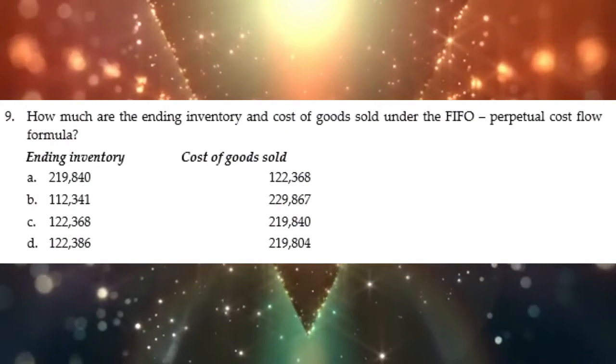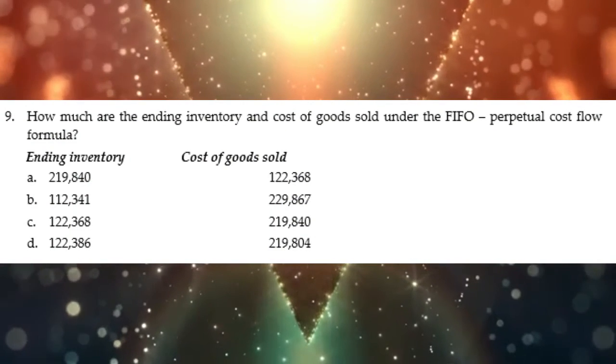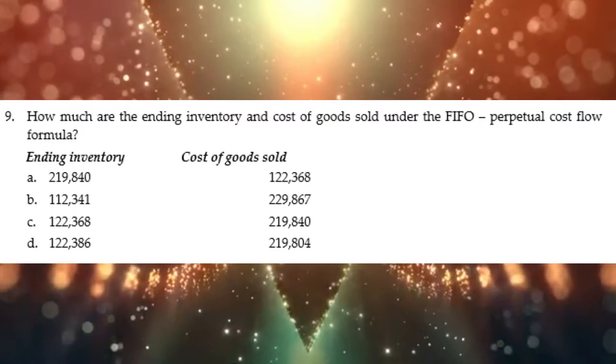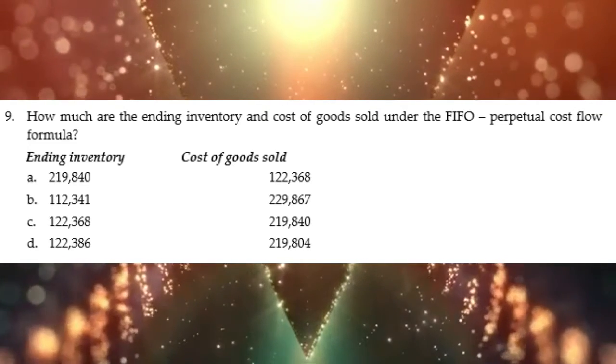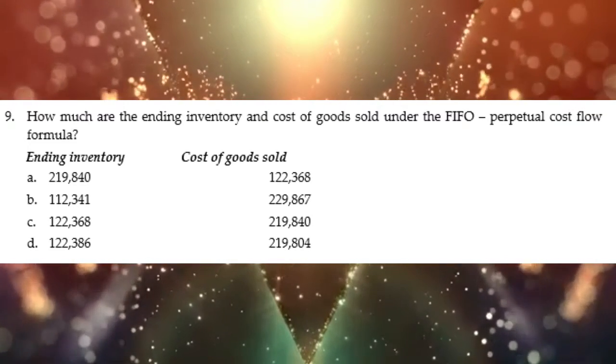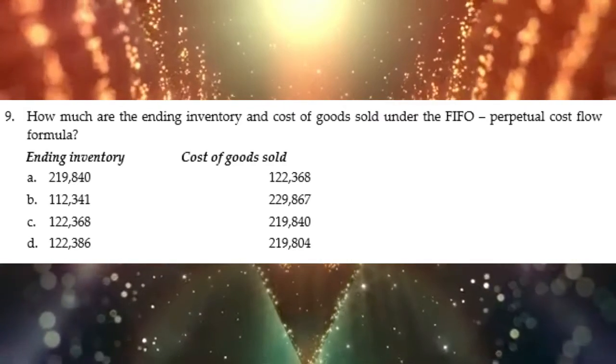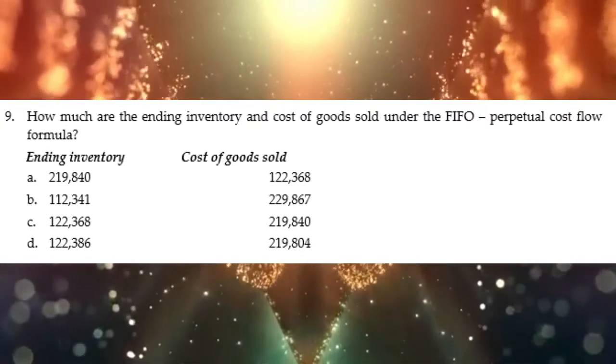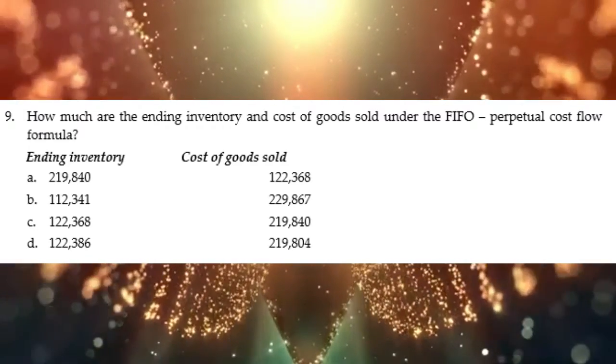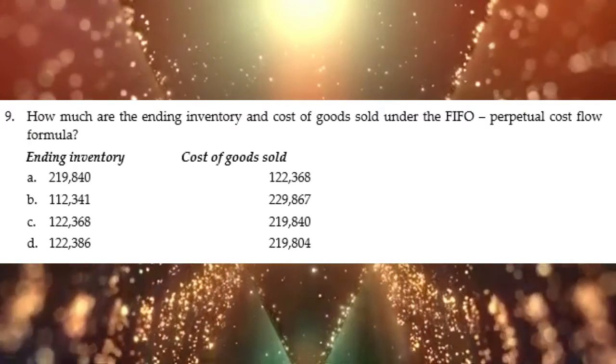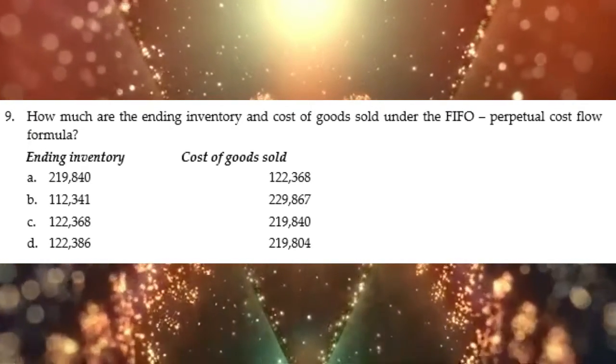Number 9. How much are the ending inventory and cost of goods sold under the FIFO perpetual cost flow formula? A. Its ending inventory is 219,840. Its cost of goods sold is 122,368. B. Its ending inventory is 112,341.